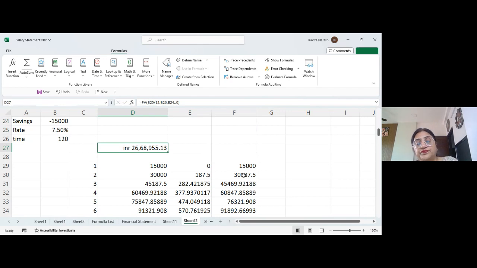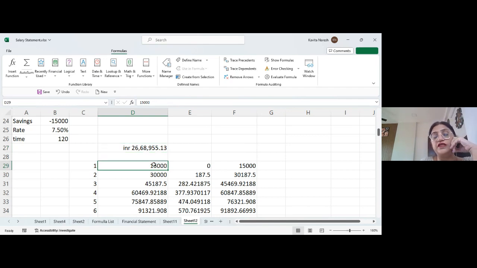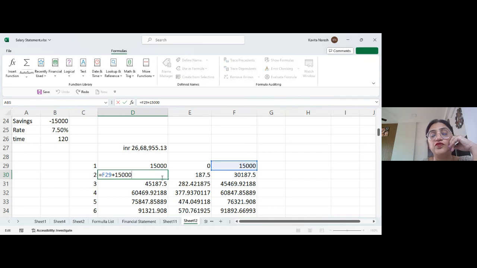See, in a single formula, I calculated it. So try to understand how I am creating the amortization chart, how I am making the statements. Try to do it yourself. See, in the first month I'm spending 15,000 rupees and I'm not getting any interest. Second month, see, because every month I have to deposit 15,000, so in every formula, 15,000 will be there.